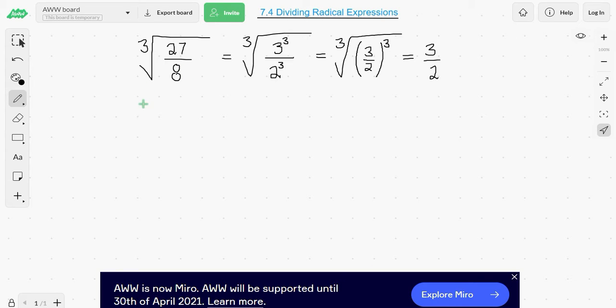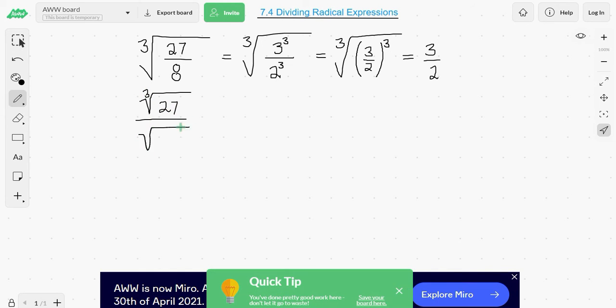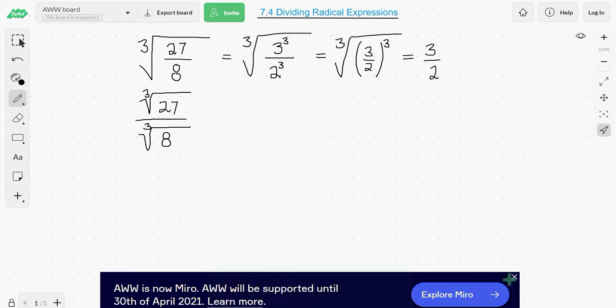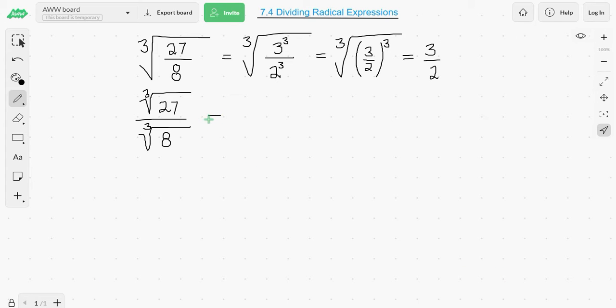Let's compute one more. This one's going to be probably a little simpler: the cube root of 27 over the cube root of 8. Now, we just compute the top and compute the bottom.